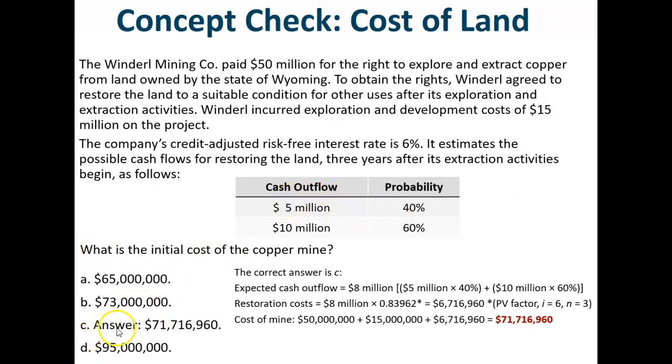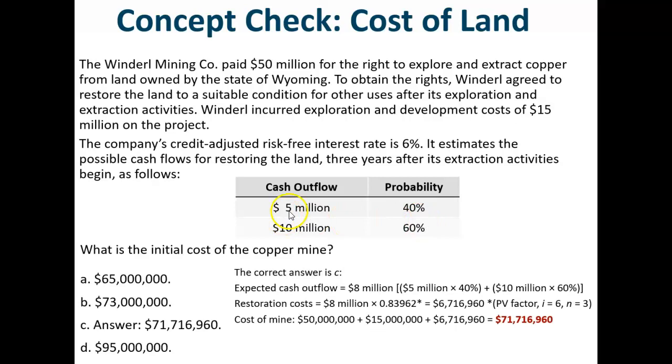The correct answer is C, $71,716,960. That is calculated as the cost of the mine, $50 million, plus $15 million of exploration and development costs, plus the present value of the estimated cash flows for restoring the land.